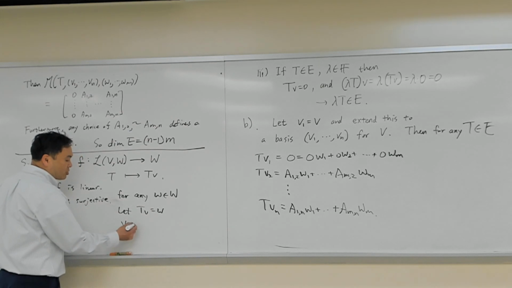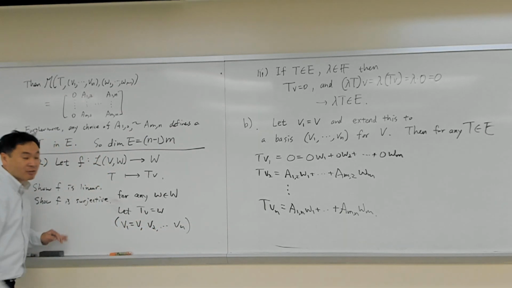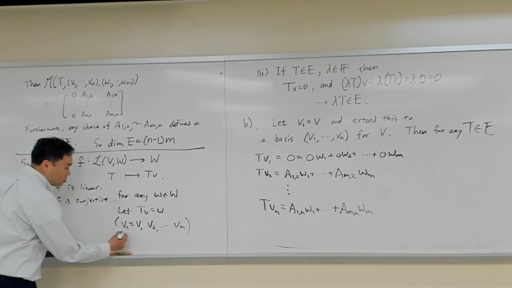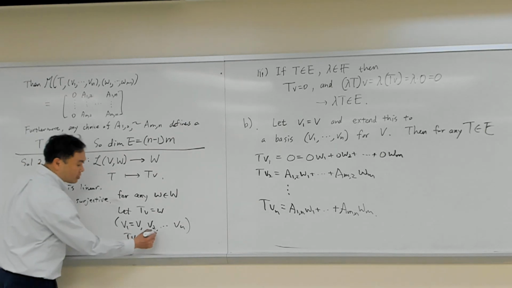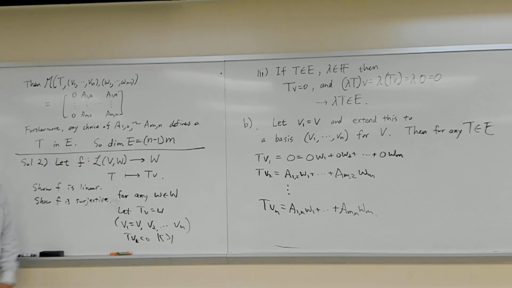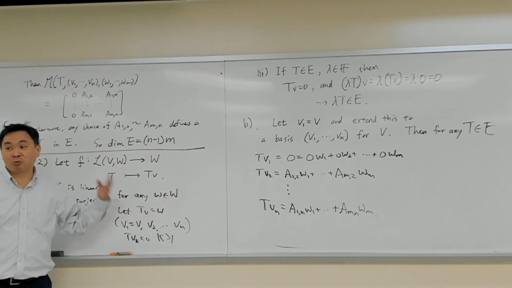Once again you set v1 as v, and then you set v2 through vn as a basis. Then you define T of vk equals 0 for k greater than 1. You can extend this linearly and define a linear map. So for any w in W, you can choose a linear map so that Tv equals w. That's what I'm trying to say.